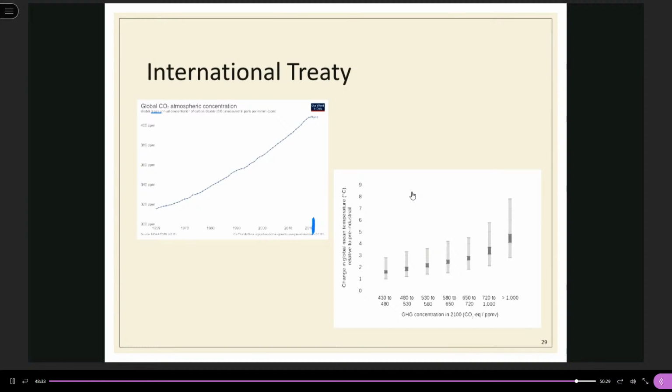And 100 years ago it was just around 300 ppm. So now 450 ppm. So you can see the concentration has increased very much. And this is the change in the global mean temperature and its relation with the carbon dioxide concentration.